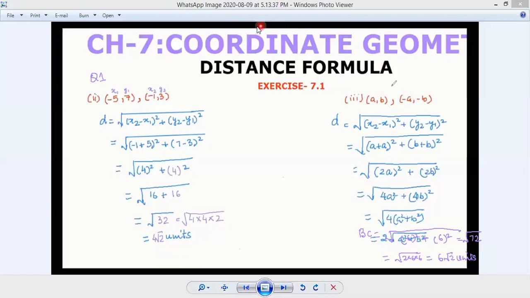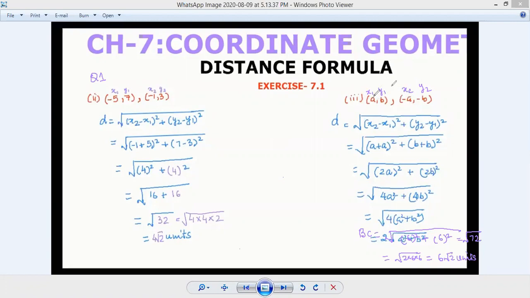Now we will find out the distance between these 2 points. Here also there are two values of x. This will be treated as x1, y1, and this will be treated as x2, y2. Now, in the formula, you have to write down the difference x2 minus x1. Again, take a minute, try to find out among these two values which one is greater.